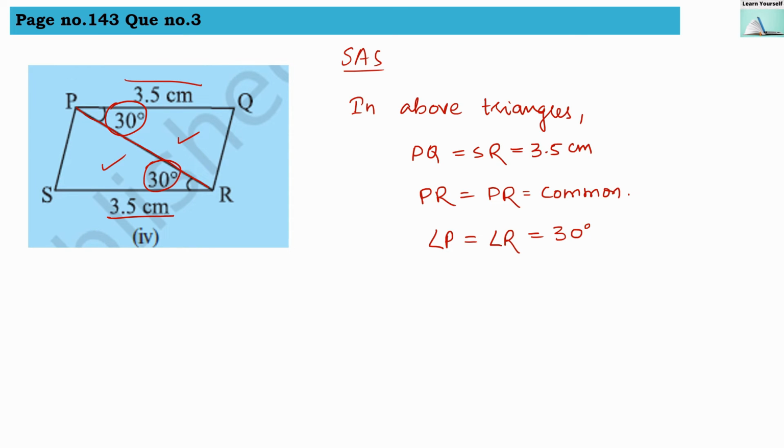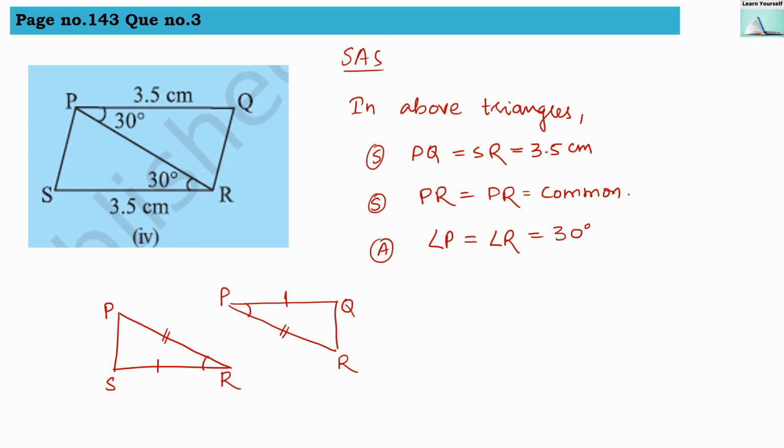Now we got here side and angle. In between these two sides, this angle is there, and in between this side and this side, this angle is there. So SAS criteria is established here. Both triangles are congruent with each other.